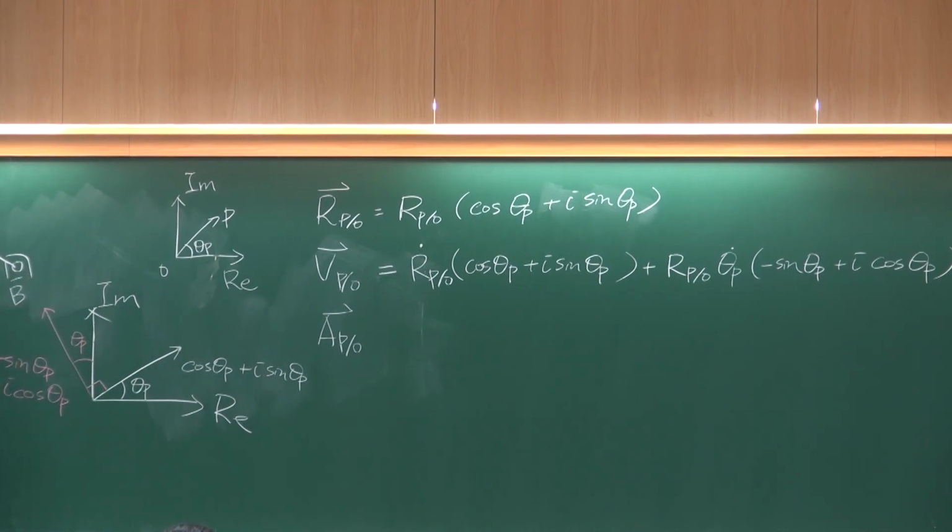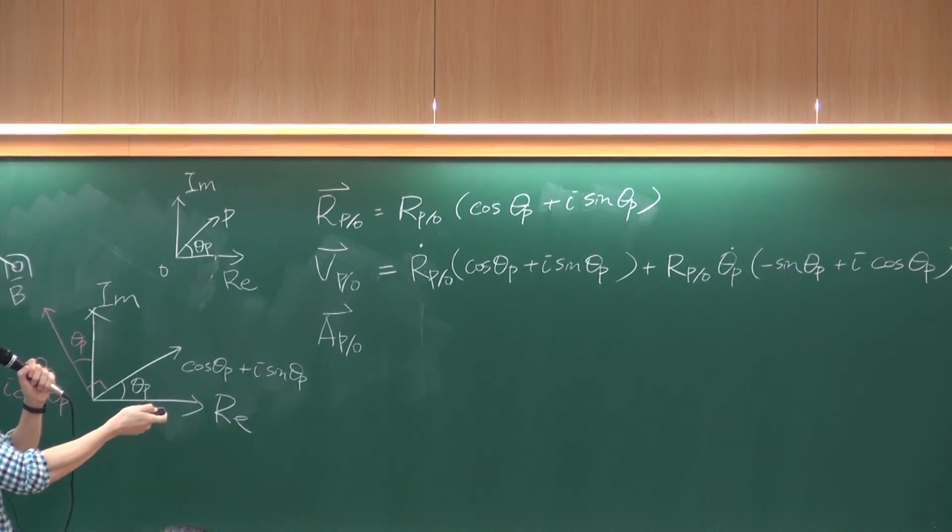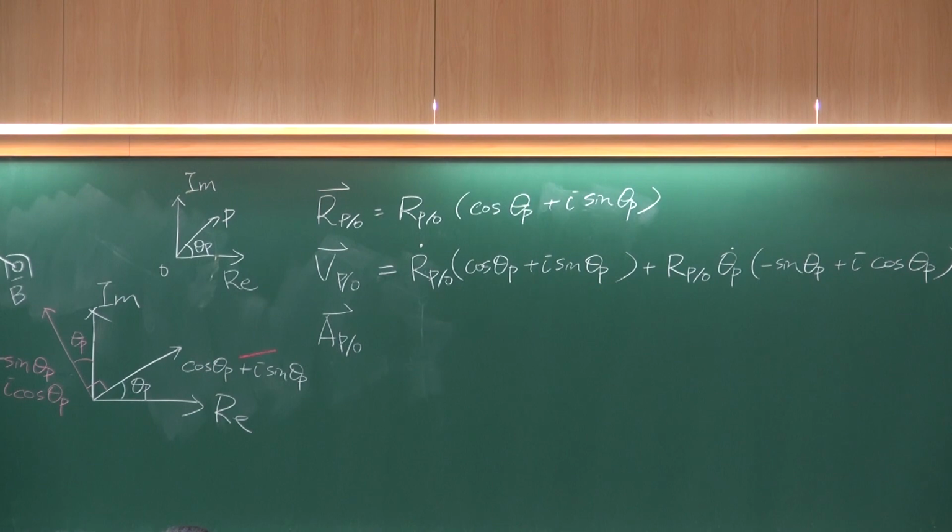One thing to notice: this one is cosine plus I sine, a unit vector. This one is also a unit vector. And the difference between them, if you draw them in this plot, you'll find they are perpendicular.